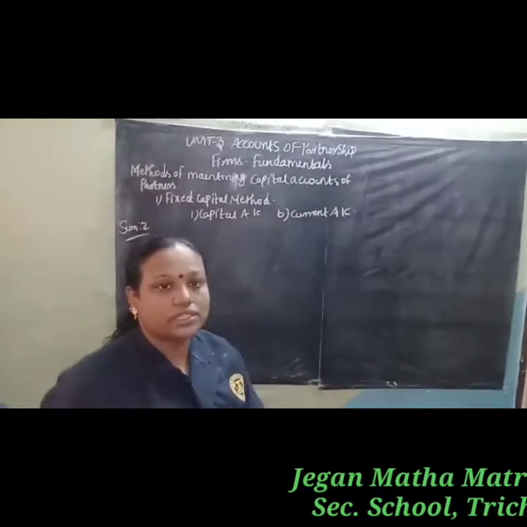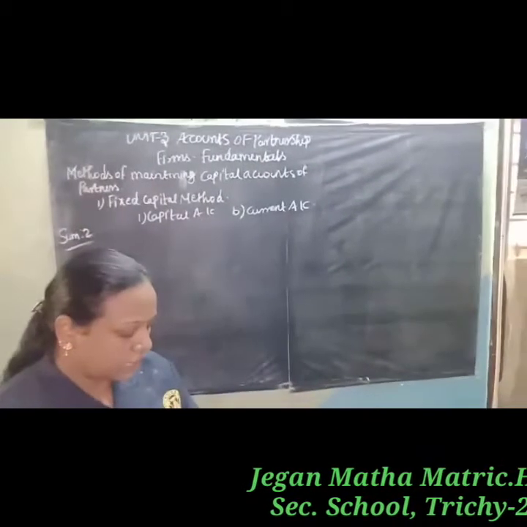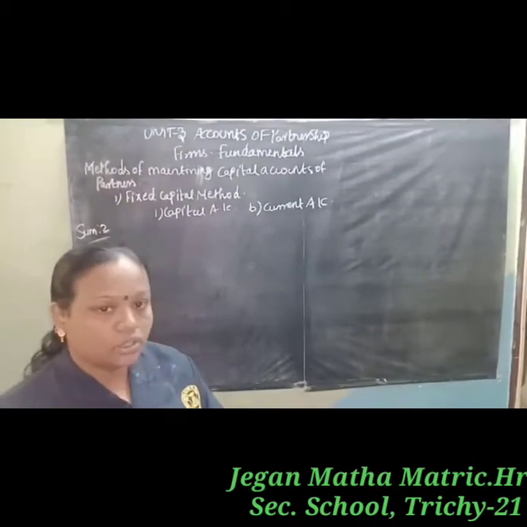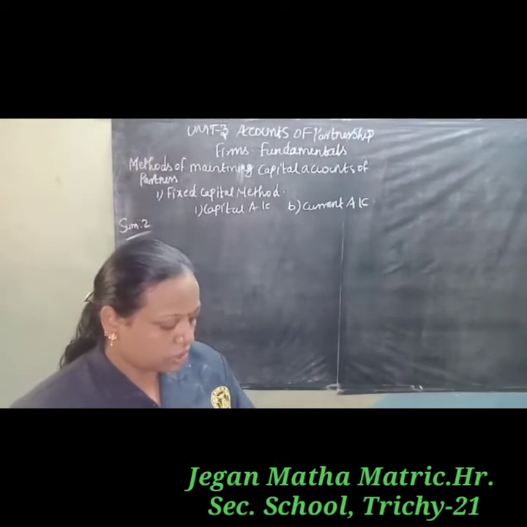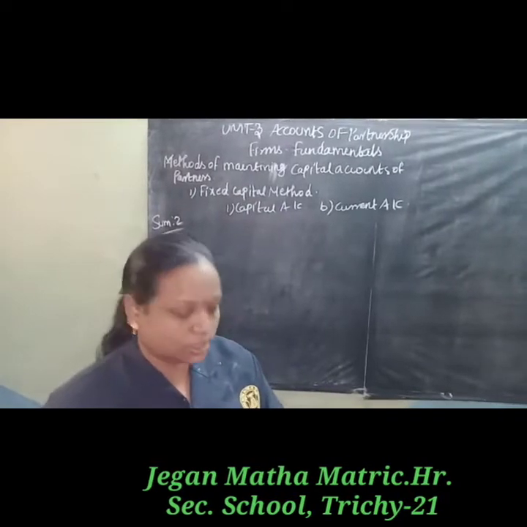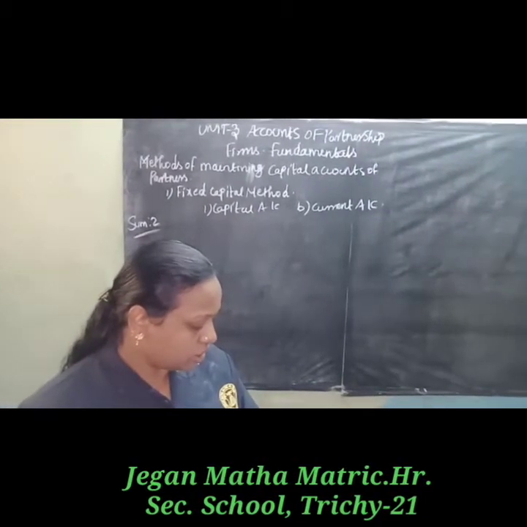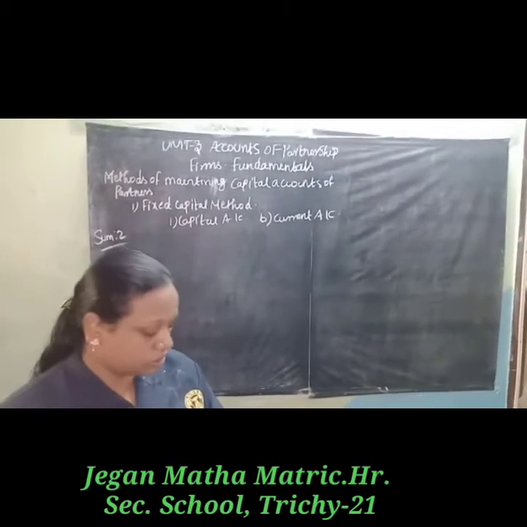Capital on 1st April 2018: Reuben 70,000 and Derry 50,000. Current account on 1st April 2018, credit balance: 25,000 and 15,000. Additional capital introduced: 18,000 and 16,000. Drawings during the year 2018-19: 10,000 and 6,000.